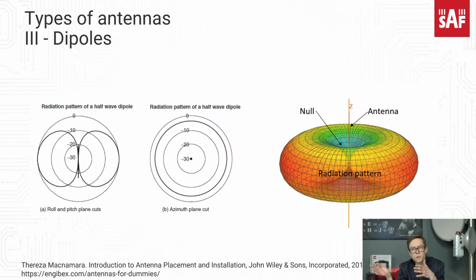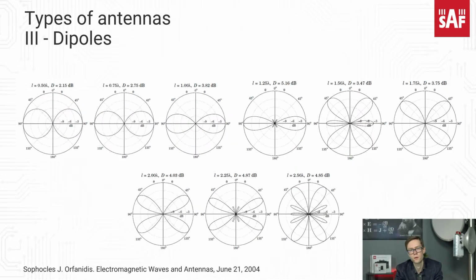And in the three-dimensional picture you can see it as the shape of a donut, which combines these two pictures in three dimensions. So we can say that this antenna is actually omnidirectional, because it transmits equally in any direction if we look at the azimuth plane. In this sense, it is an omnidirectional antenna. It has nulls above and below the radiating element, but the maximum in all directions in the azimuth plane is equal.